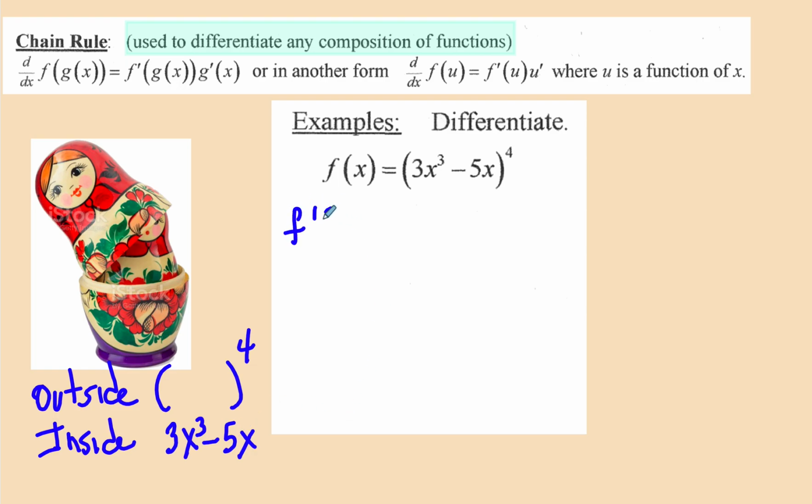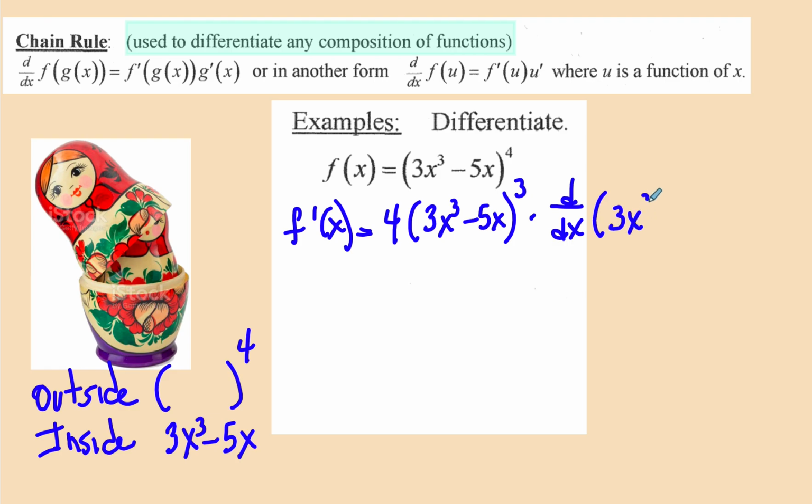So let's go ahead and take the derivative. I'm going to use my power rule on this 4th power. I'm going to do it with respect to the inside, so don't change anything in the inside, to the 3rd power. So I've taken the derivative of the outside, and I want to multiply by the derivative of the inside.